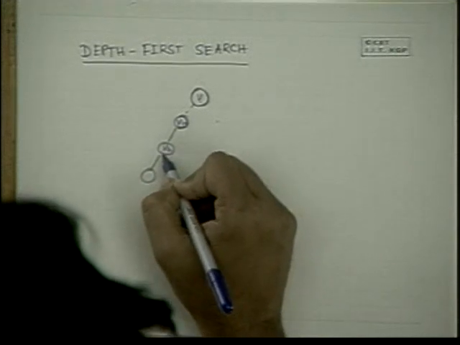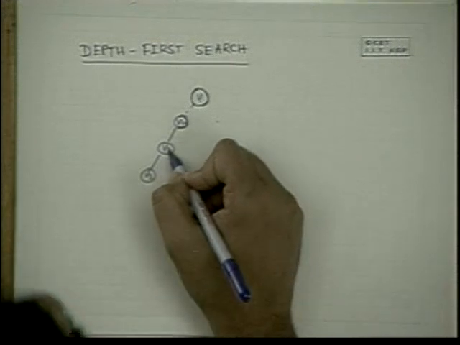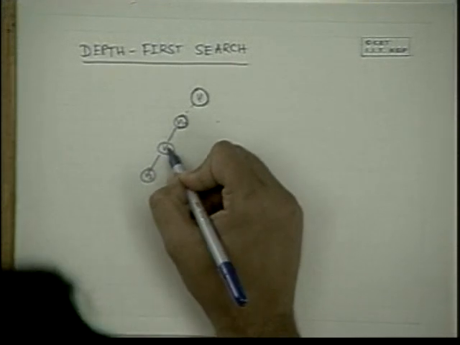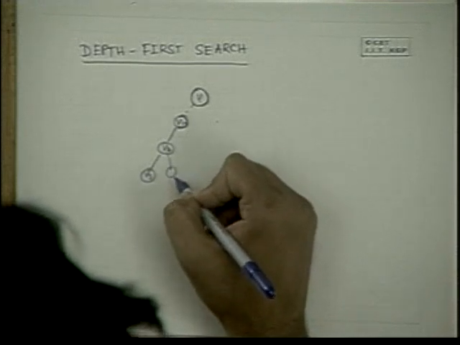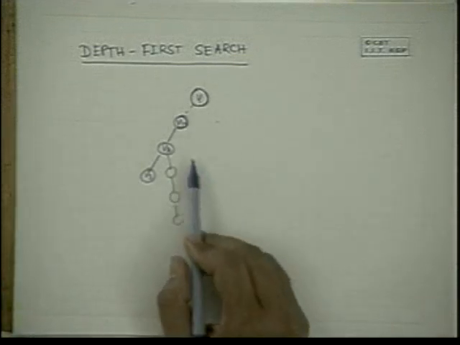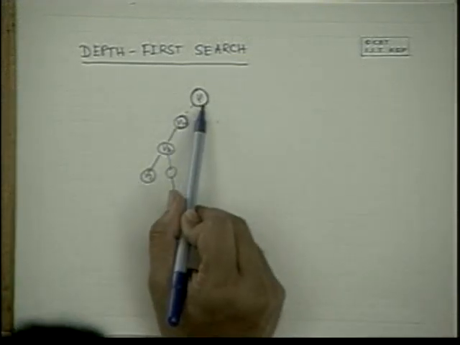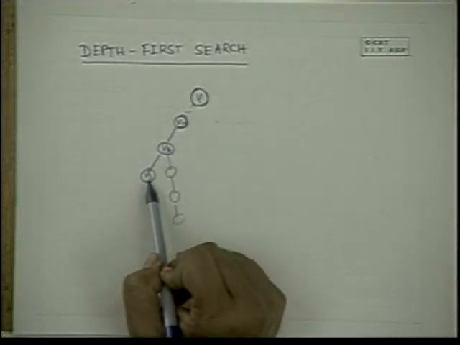So V2, from V2 it can go to V3, and suppose V2 does not have any more neighbor, it will come back to V2, and probably it will start from another neighbor of V2, it may go down again. So why is it called depth first? Because before we traverse all the neighbors of V, we are going deep down the graph.